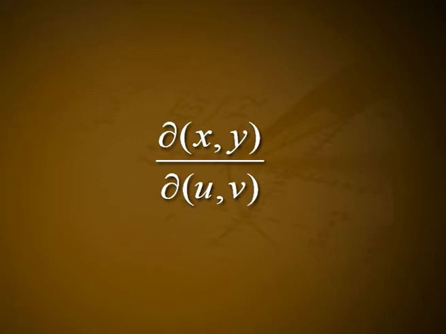The Jacobian j of uv is also denoted by dou xy by dou uv.